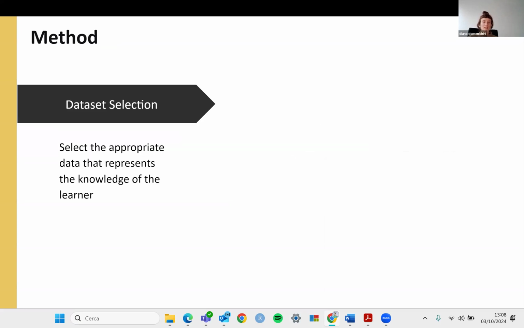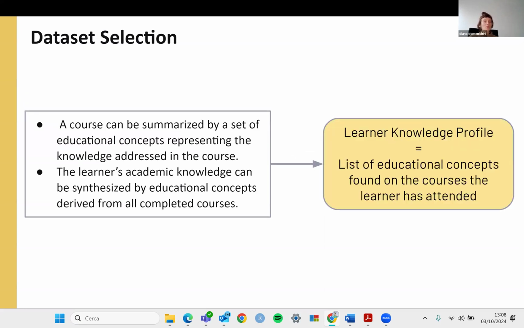Okay, data selection. We want the data to represent the knowledge of the learner in the past academic experience. Our assumption is that a course can be summarized by a set of educational concepts that represent the knowledge addressed in the course.